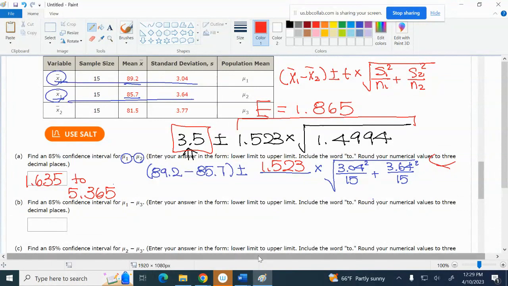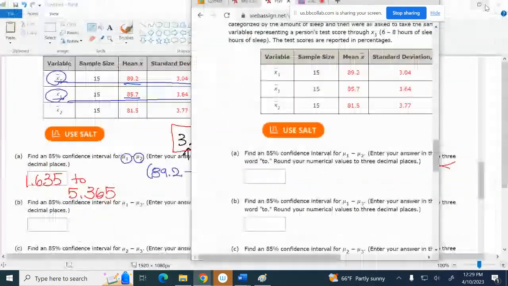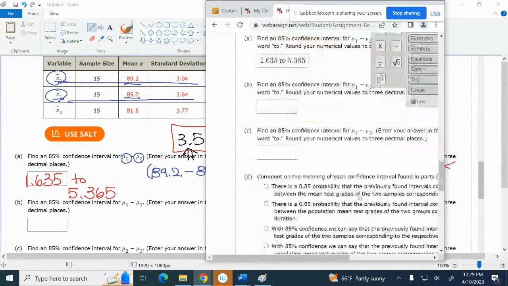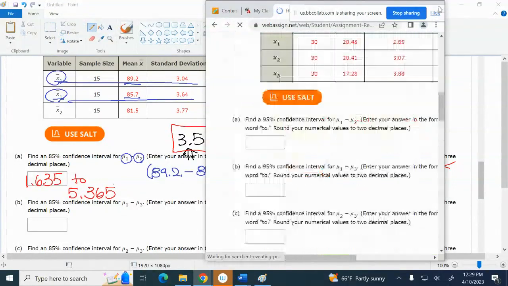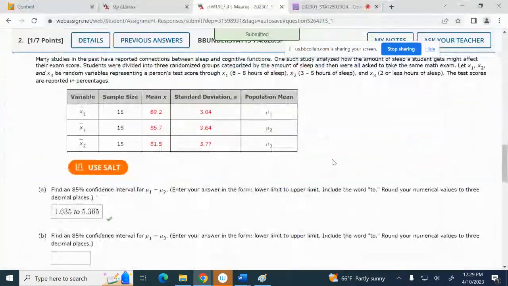Let me check the answers. 1.635 to 5.365. Yeah. Good, right?